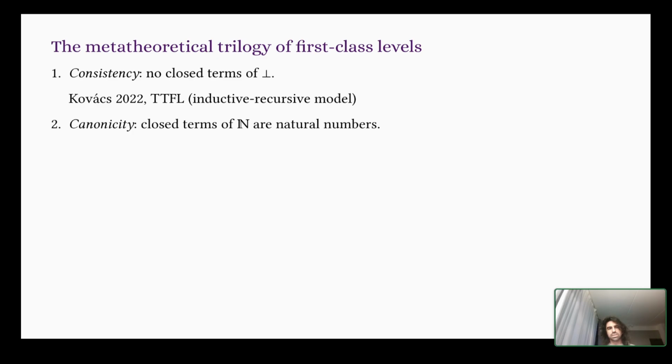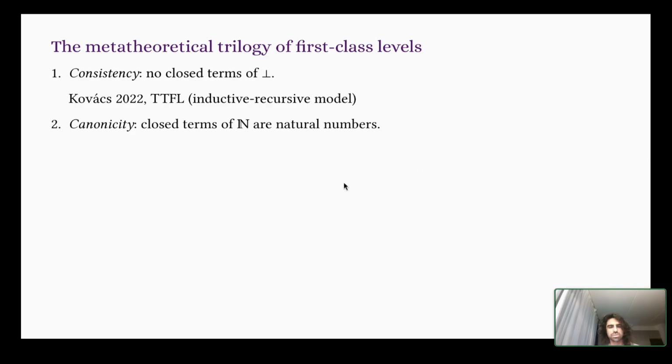Another question is canonicity. So this is something that makes sense from the point of view of computation. So thinking of type theory as some kind of programming language, we want to be able to evaluate terms. So what this means is we would like closed terms of type natural number, for example, to be actually canonical natural numbers, as in concrete number literals.